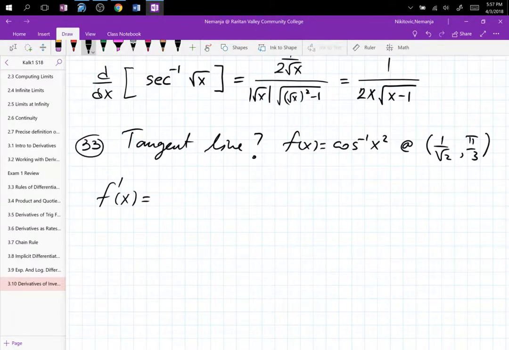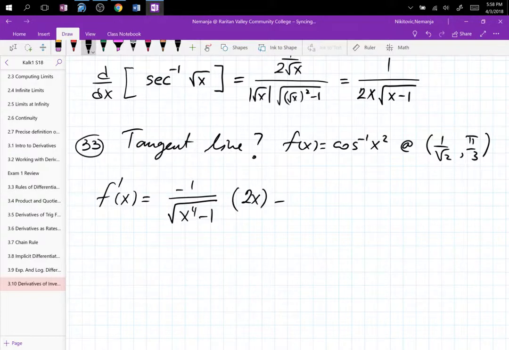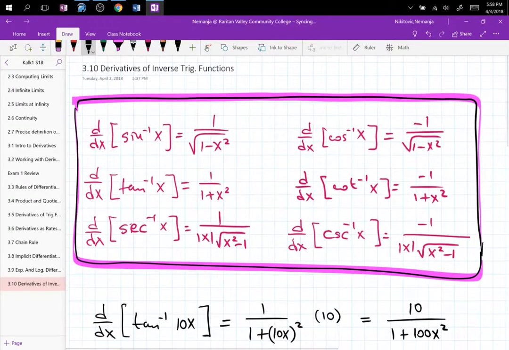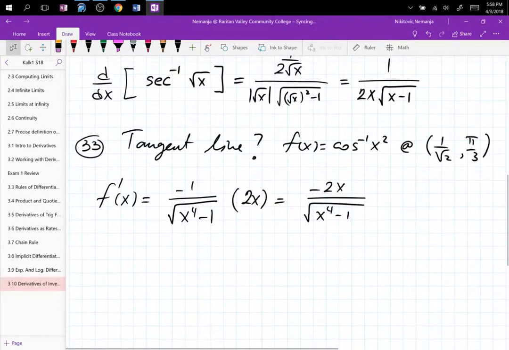So it's -1 over square root of 1 minus x squared squared, so that's 1 minus x to the 4th, times the derivative of the x squared, which is 2x. So the whole thing is -2x over square root of 1 minus x to the 4th.